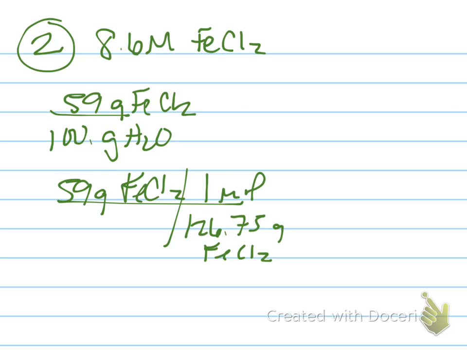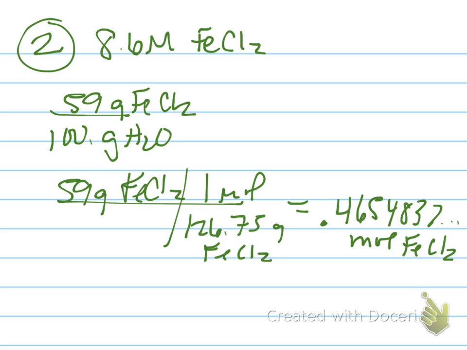So we get moles of iron 2 chloride. Okay, so then if we've got 100 milliliters of solution, what's the molarity of that going to be? And most of you can probably do this in your heads, though I wouldn't recommend doing that on the test.